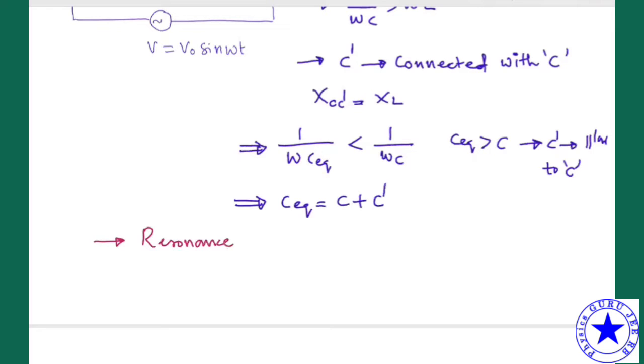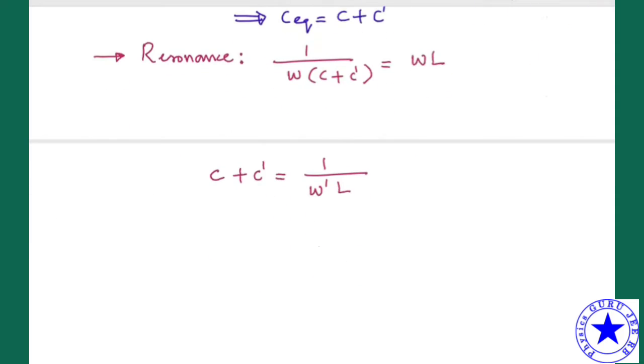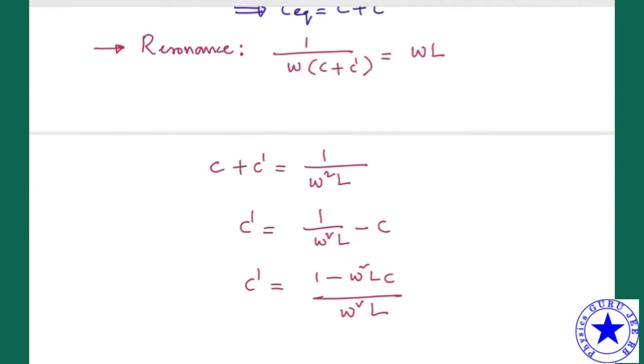At resonance condition, 1 by omega into (C plus C') is equal to omega into L. Or simply, by cross multiplication, C plus C' is equal to 1 by omega square into L. Or C' is equal to 1 by omega square L minus C. Or I can write C' is equal to (1 minus omega square LC) divided by omega square L. This would be the appropriate answer for this question.